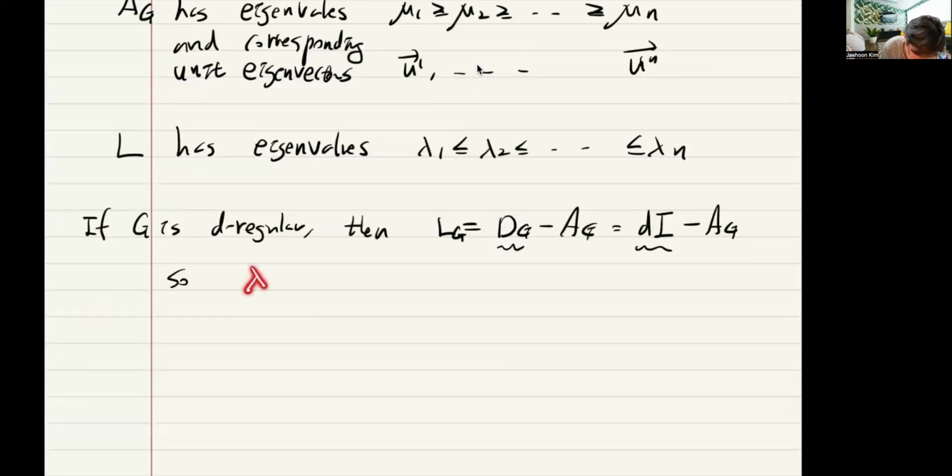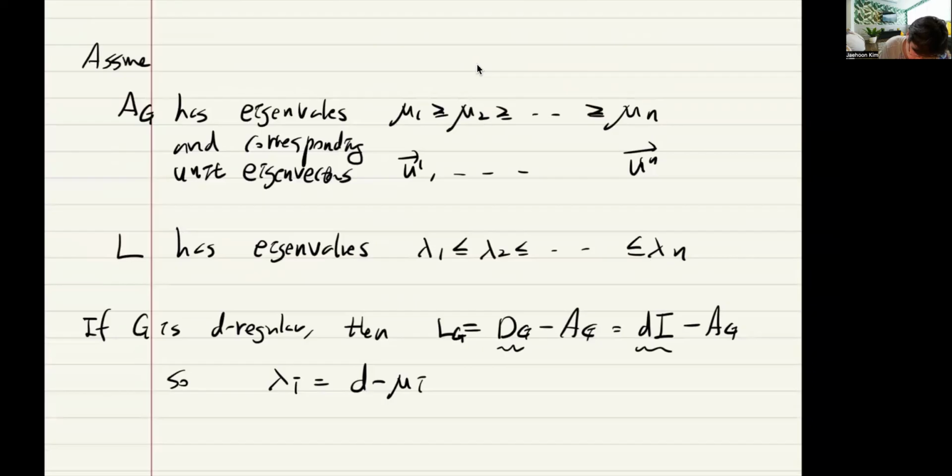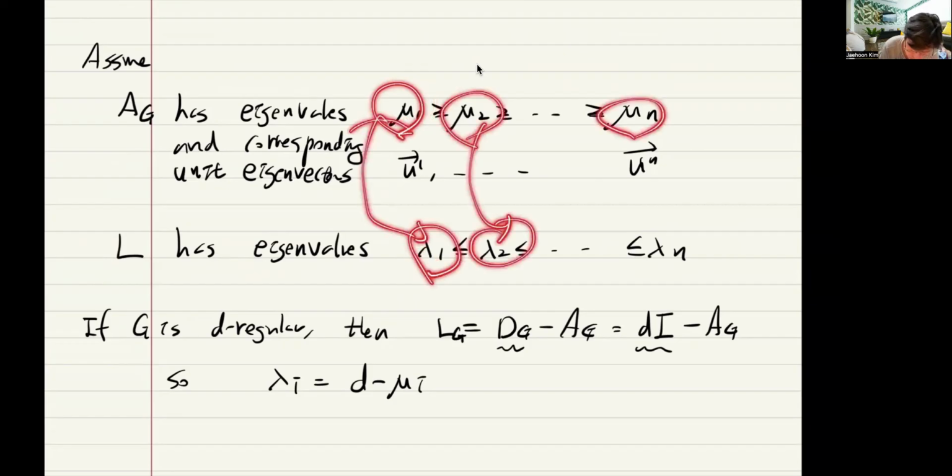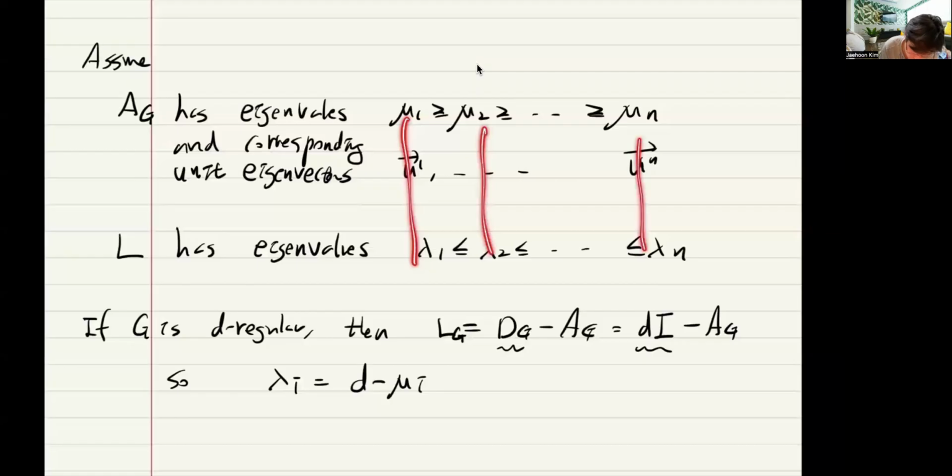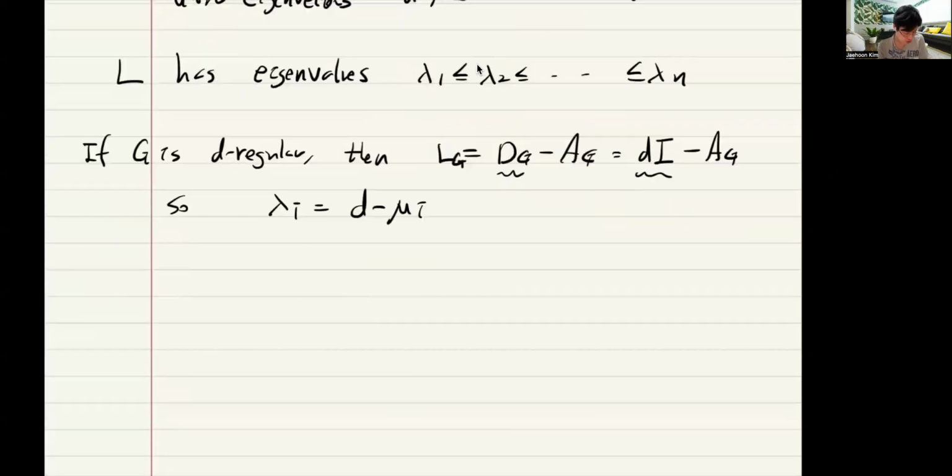So we know that lambda i is d minus mu i. The biggest mu corresponds to the smallest lambda. To keep this correspondence, we write it in increasing order for the Laplacian and decreasing order for the adjacency matrix.